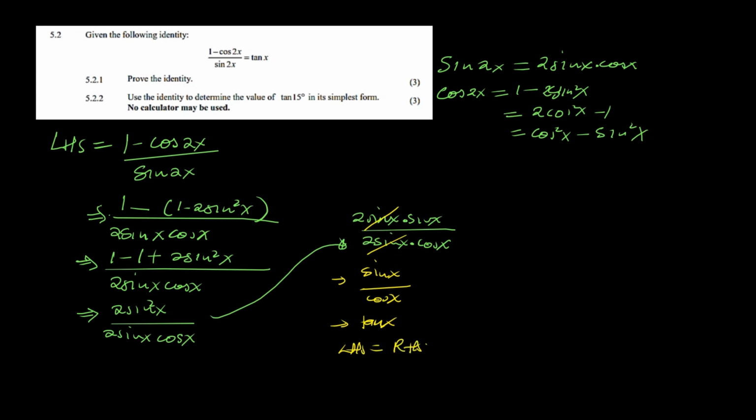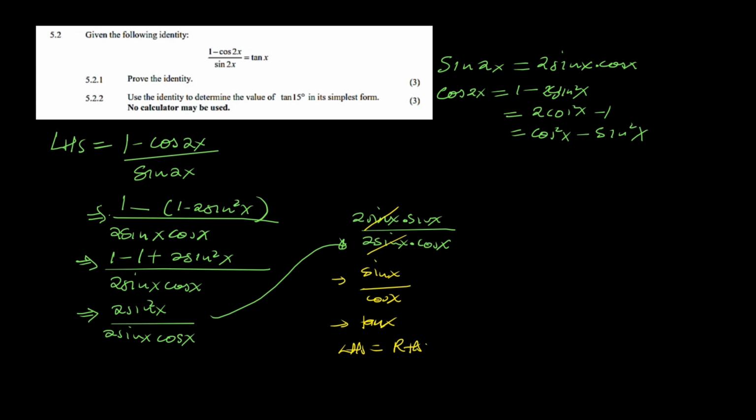Now looking at the second question, which is 5.2.2, they are saying use the identity above to determine the value of tan 15. The 15 degrees, when we compare it to the previous question, is the same as x.